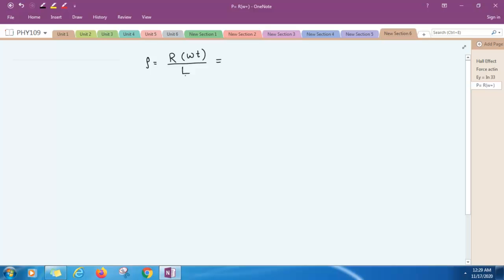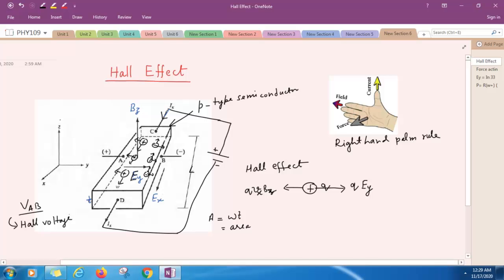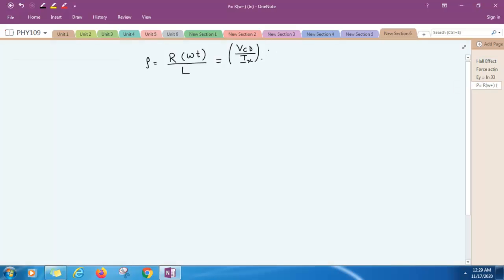The resistance of this semiconductor, when calculated, R is equal to V upon I, that is potential difference between C and D, and current, that is Ix. This is CD, not AB, because this current Ix is flowing from C to D. Okay, so rho is equal to VCD divided by Ix multiplied by WT divided by this L. VCD we can measure using voltmeter, and Ix current we can measure. So in this way we can calculate resistivity of the material.